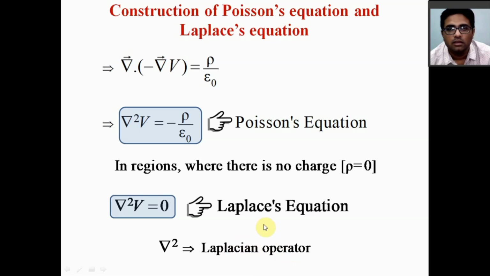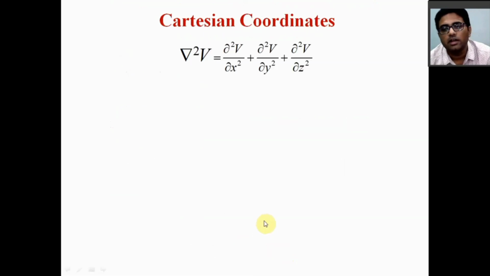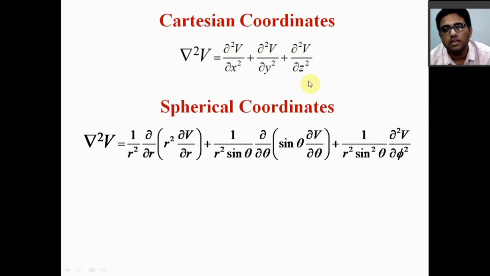Now this Laplacian operator has different forms in different coordinate systems. In Cartesian coordinates, the form is: del square V by del x square plus del square V by del y square plus del square V by del z square. This is the form in spherical coordinates, where the components are r, theta and phi.